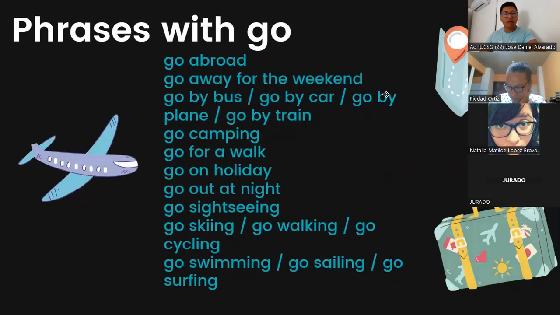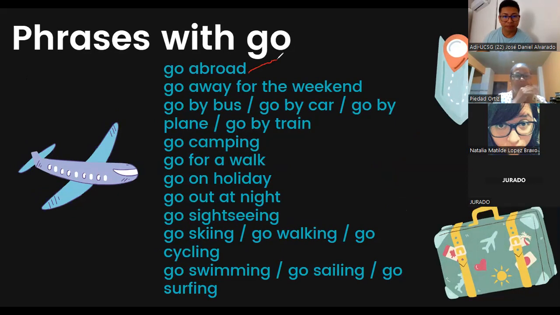Now, we have phrases with go. We have in here some collocations that we are going to be studying. You are going to listen to me and you're going to repeat. Now, listen and repeat after me.